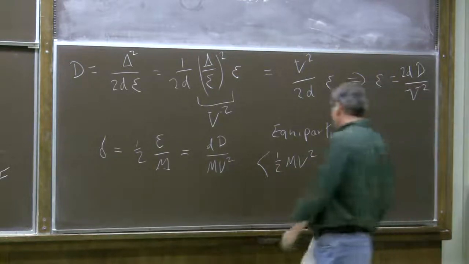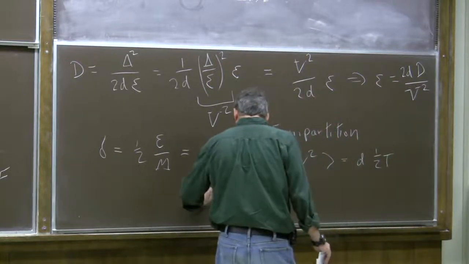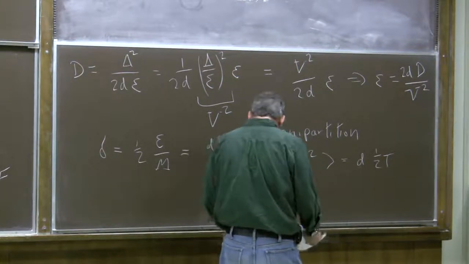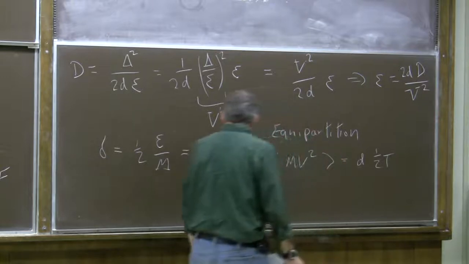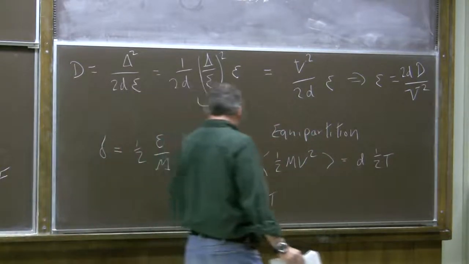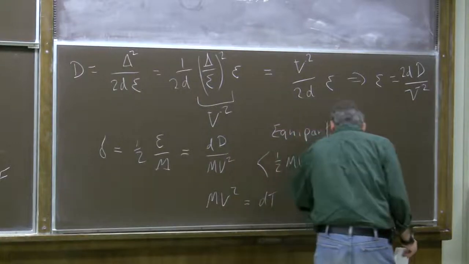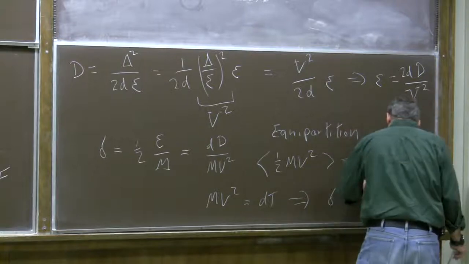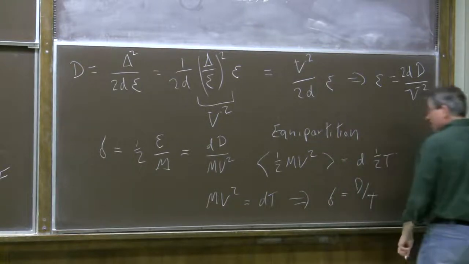Okay? So in other words, for mv squared, I can take d tau by equipartition in classical statistical mechanics, and substituting that into our expression for the mobility, we get the Einstein relation again, diffusion constant divided by tau.